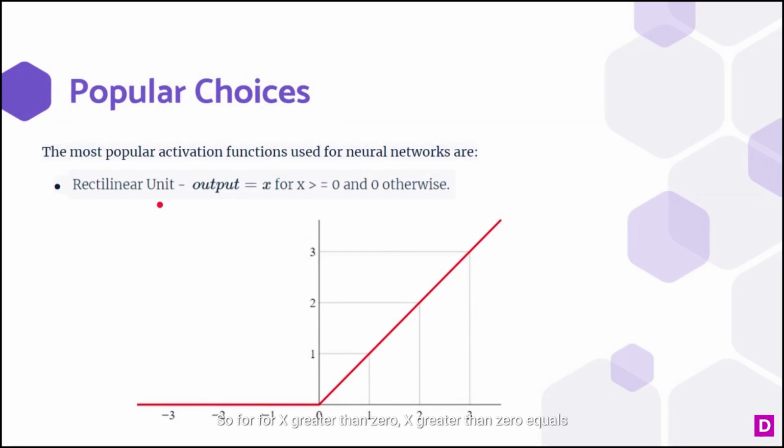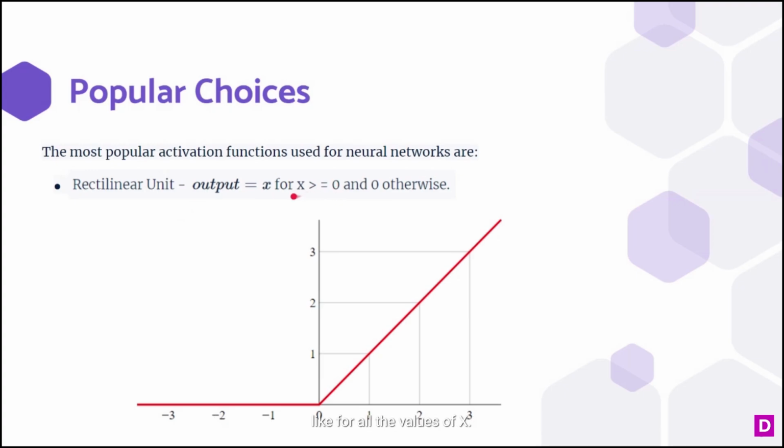For x greater than 0, it will be a line, giving a certain output. Otherwise, if the x value is less than 0, then the network remains dormant, that is 0. This is how a rectilinear unit function looks.